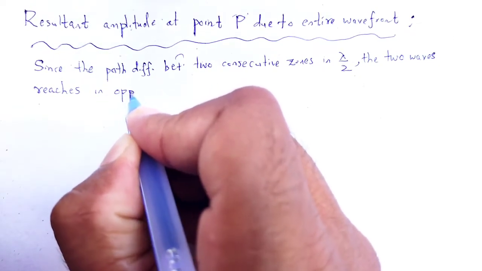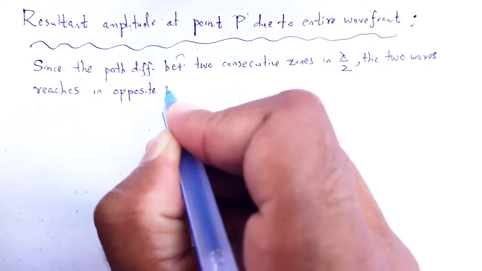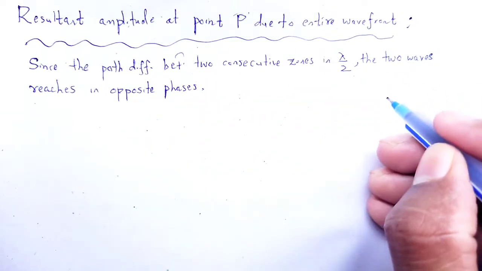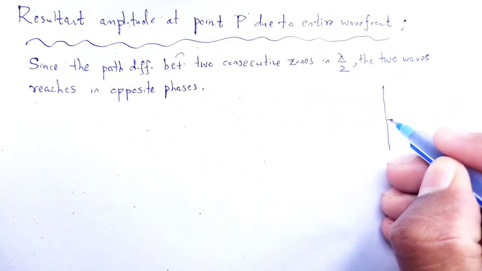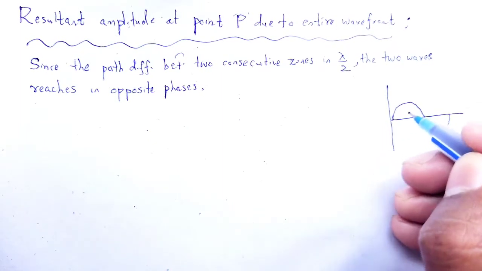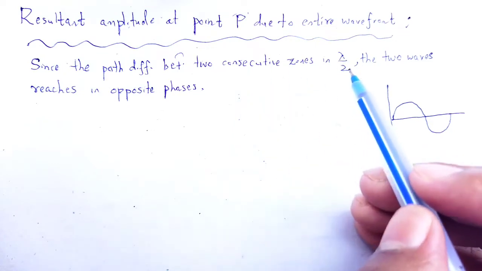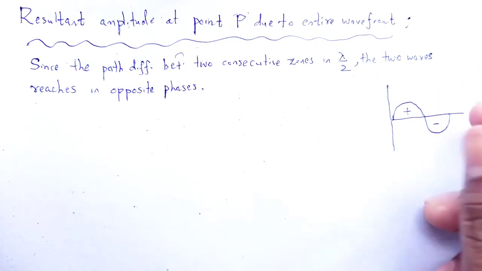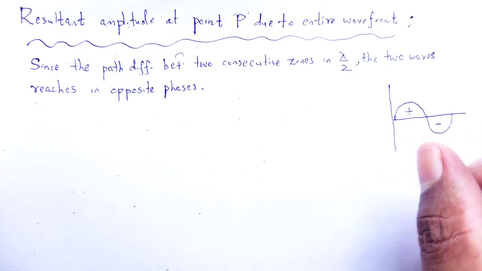If I draw the wave, since it has a path difference of lambda by 2, if one half is positive, the other half is taken as negative, and so on.